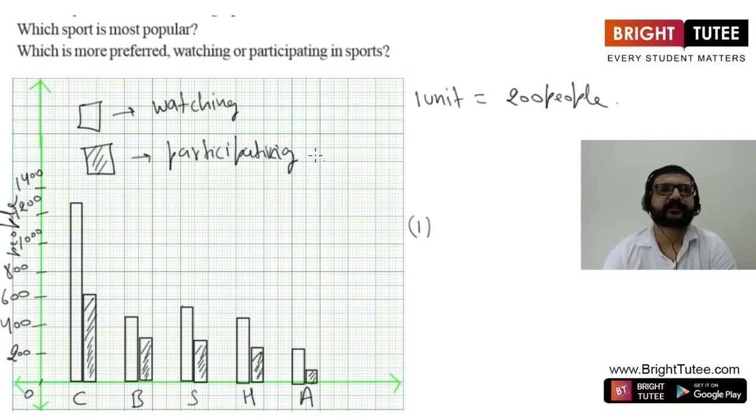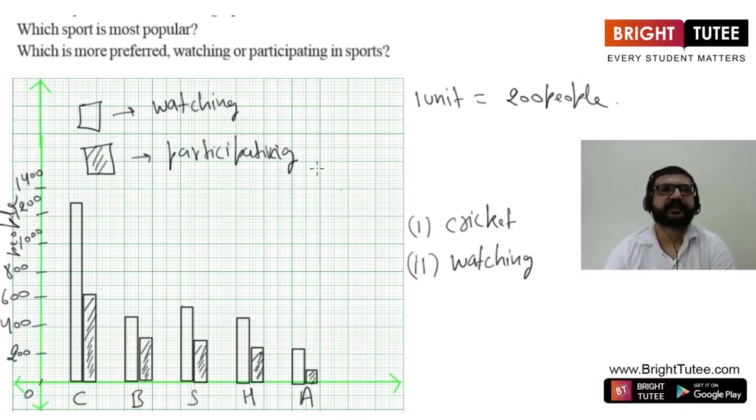Hence, the answer for this question is cricket. And the second question is, which is more preferred, watching or participating in sports? As we can see, the empty bars are higher than the shaded ones. Therefore, we can say watching of the sports is more preferred.